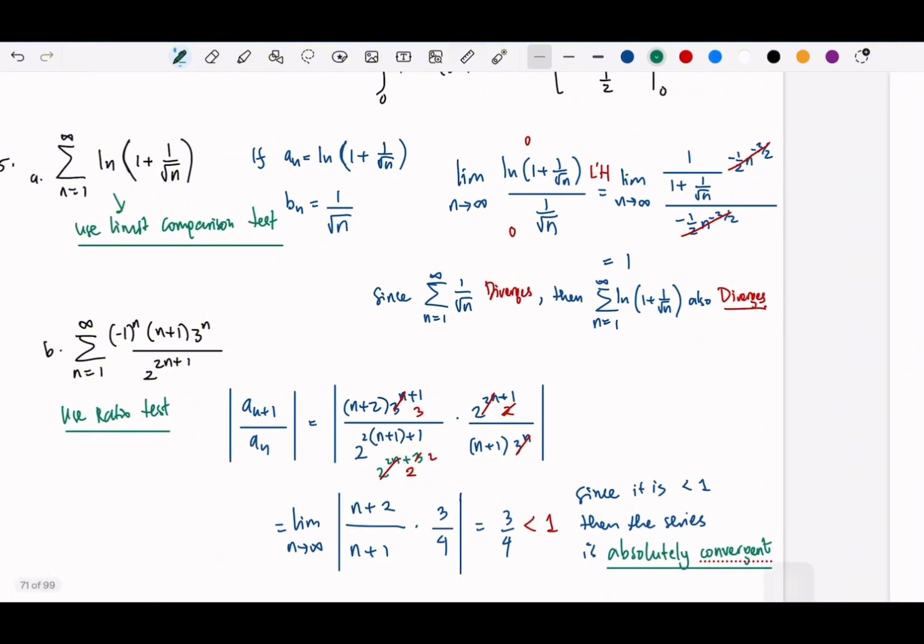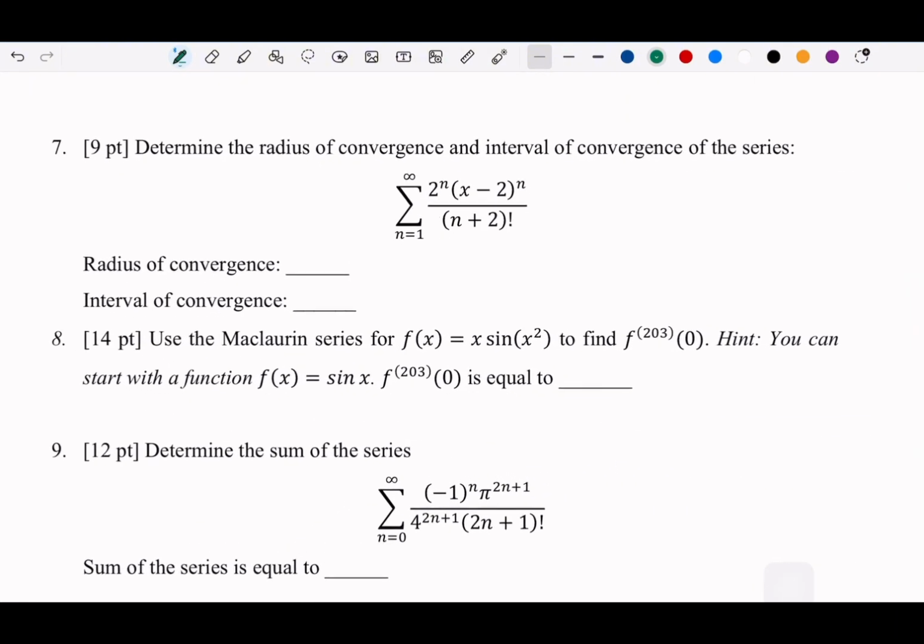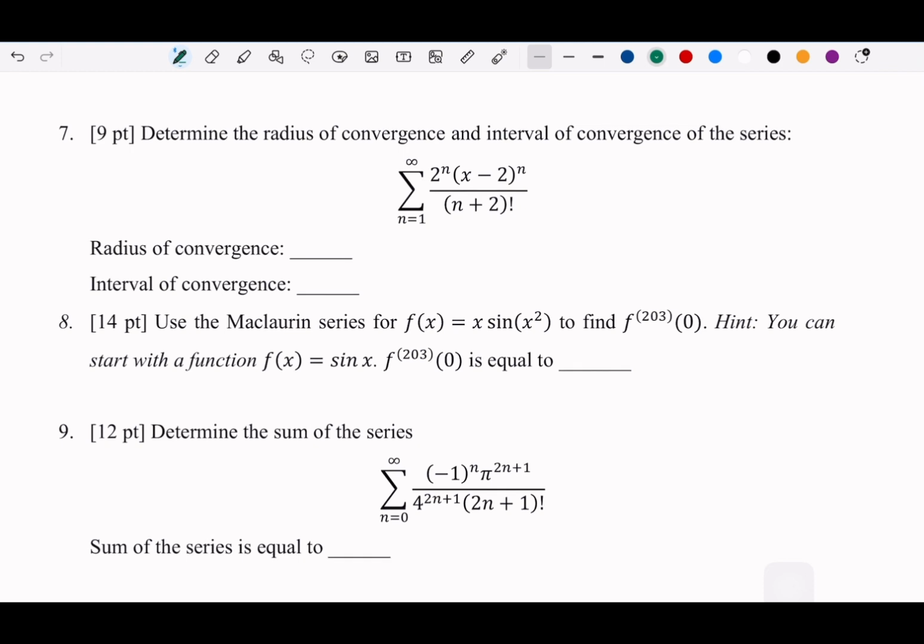Okay, let's move to 7 to 9. Which one? Which one do you think needs to be discussed as your priority? 9? 9?